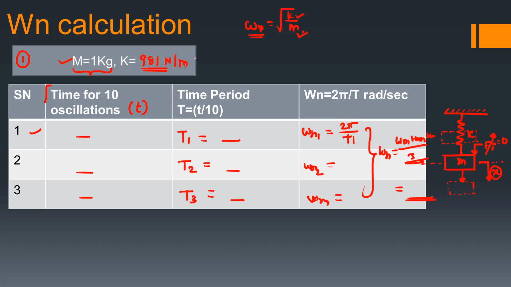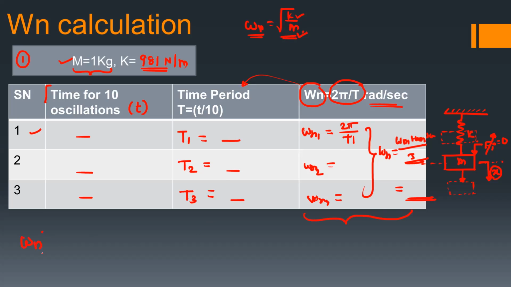Omega n we cannot find directly by measuring, so we measure the time period and use the formula 2 pi upon t to find the natural frequency in rad per second. Then we have to compare this value with the theoretical value.